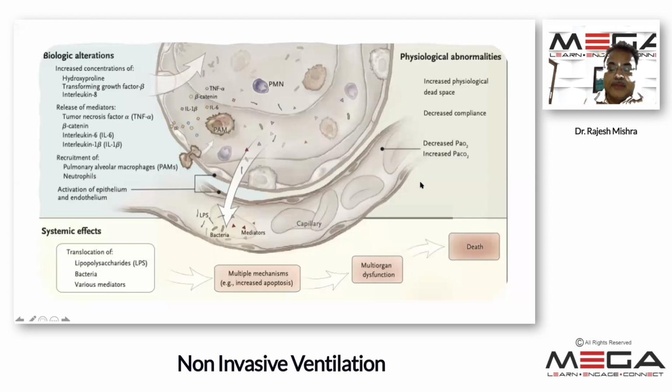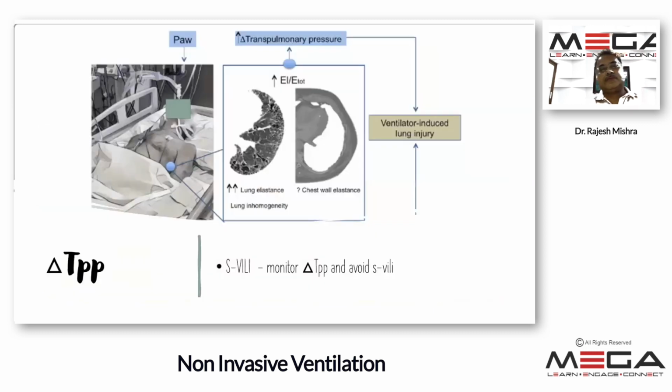So one of the biggest problems which we have seen in a patient where NIV is not being used properly or being used inappropriately is spontaneous ventilation-induced lung injury, and that causes multi-organ failure and death. And this is one factor which we have to always remember when we are putting somebody on non-invasive ventilation.